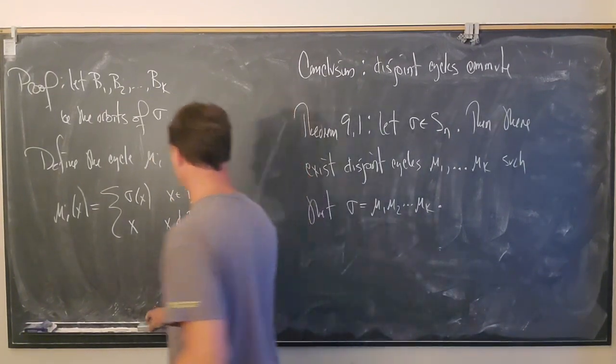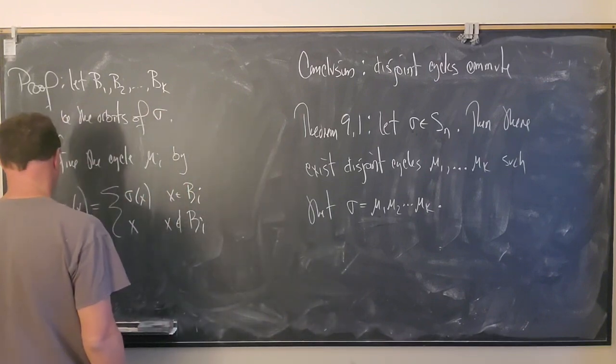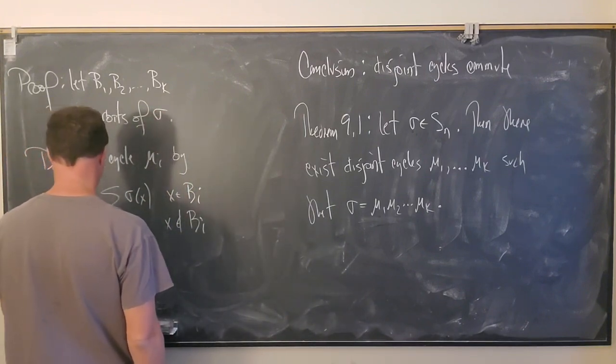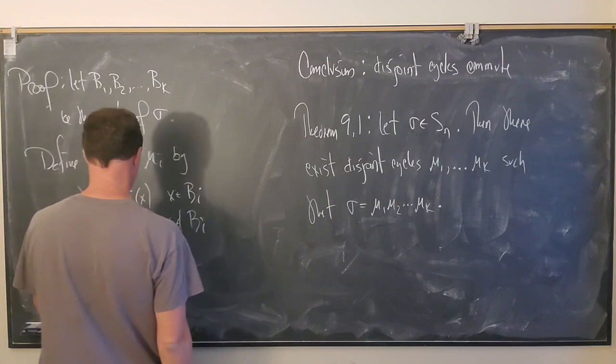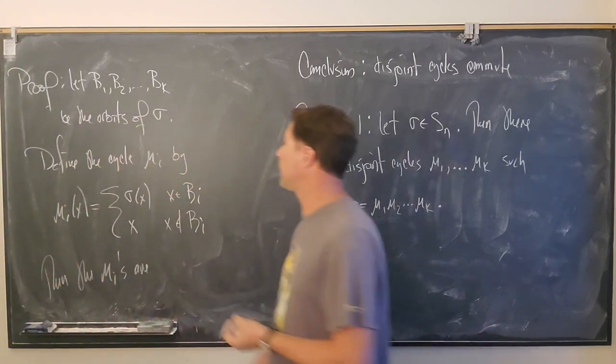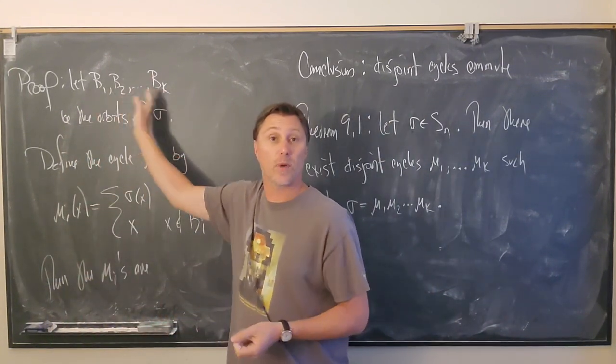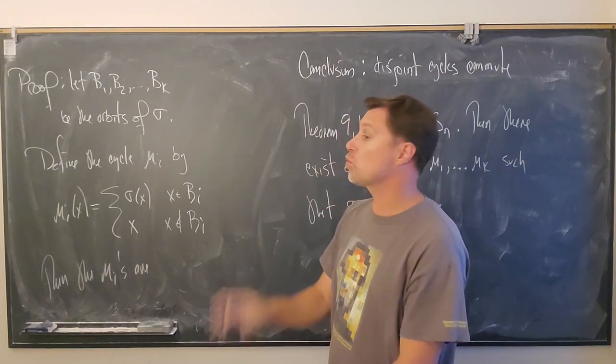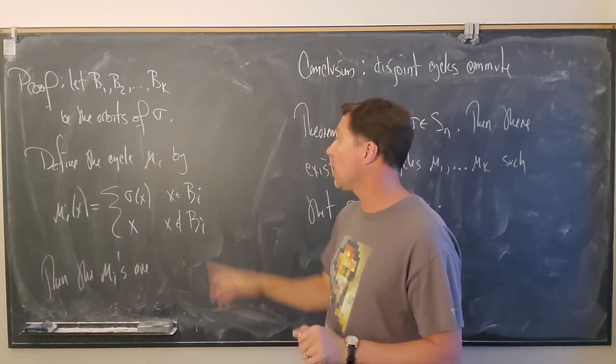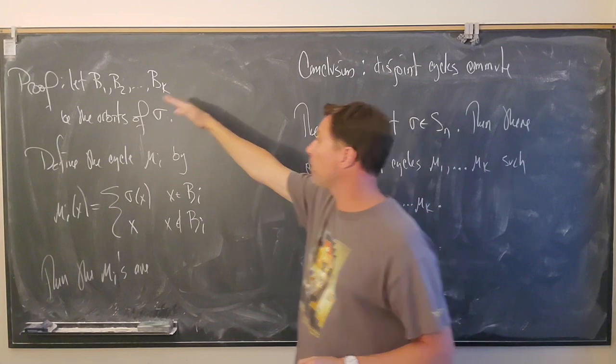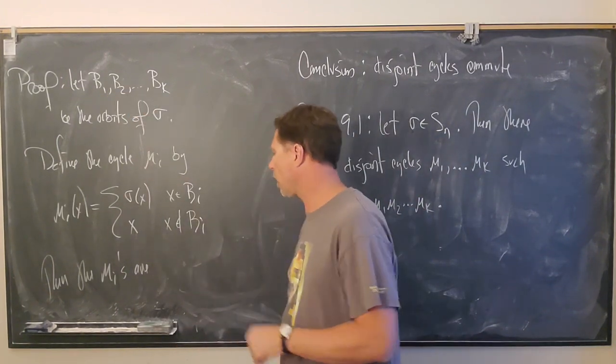Now we can say the mu sub i's are definitely disjoint, right? I mean, the orbits themselves, because they form a partition of the set of numbers 1 through n, are definitely disjoint. So these cycles, because they are based on the orbits, are definitely disjoint.